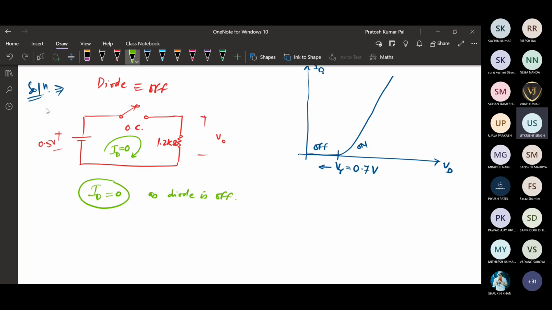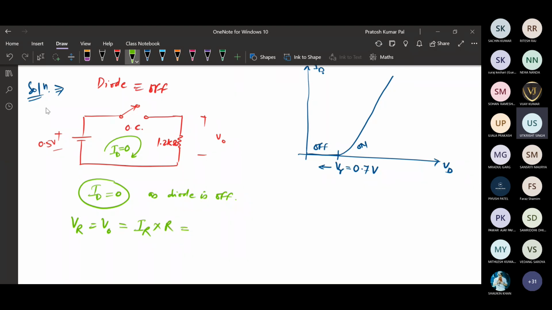So at that point we will analyze this circuit. If the current flowing through this circuit is 0, then whatever voltage drop is there across this resistor, VR, will be equal to V output, which is IR, the current flowing through this resistor times the resistor value.